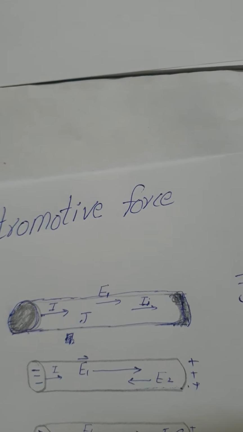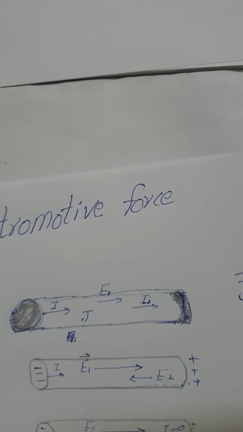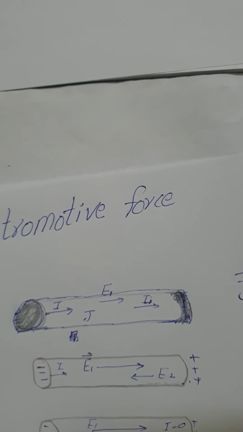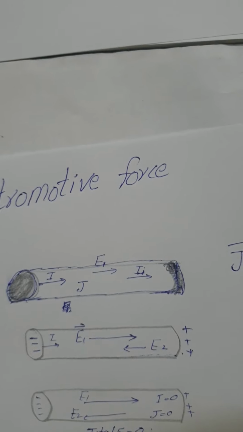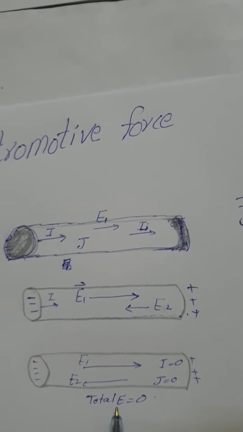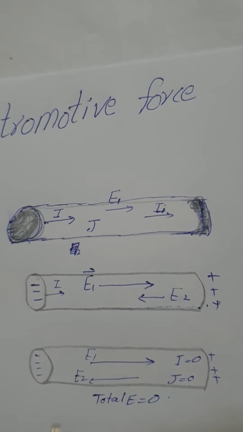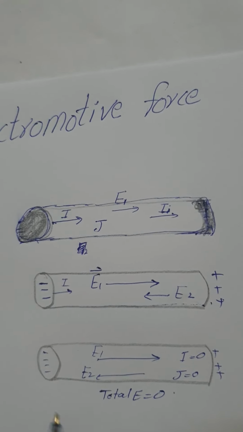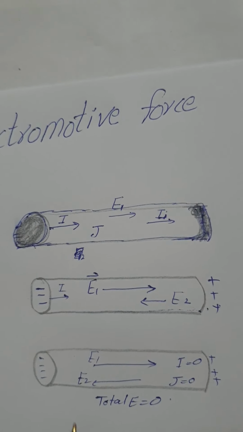So within a very small time, enough charge builds up on the conductor ends that the total electric field becomes zero inside the conductor. Then J becomes zero and the current stops altogether. So there is no steady motion of charges in an incomplete circuit.